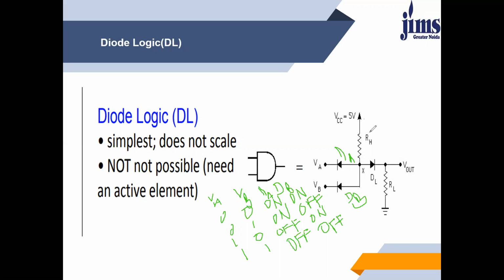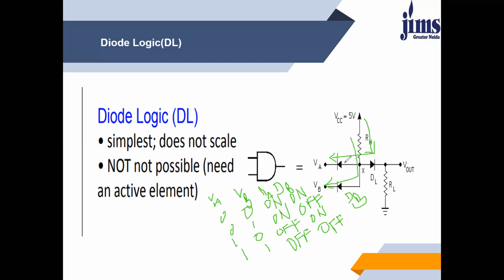That means whatever current is produced by the 5 volt will get sunk through here, from here or from here, because both the diodes are on.